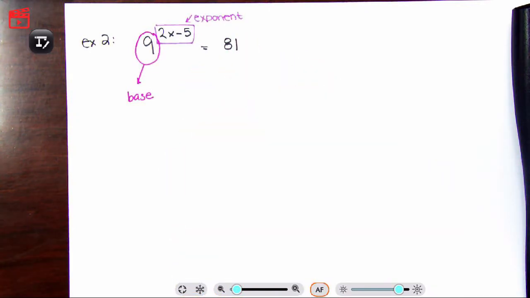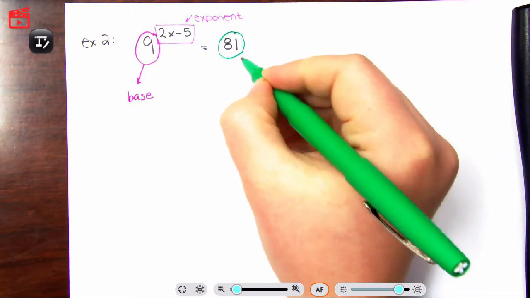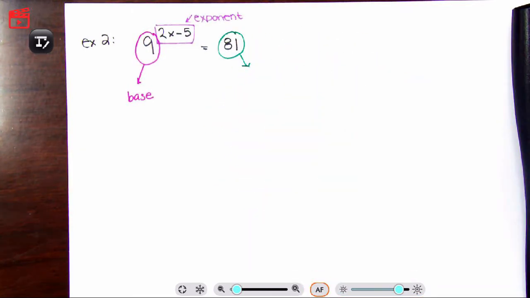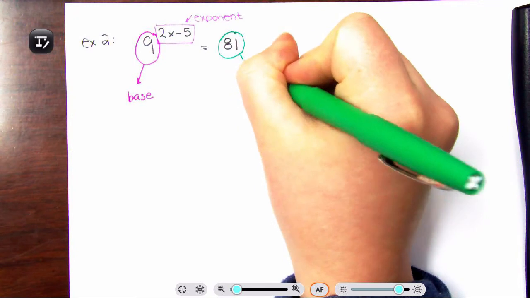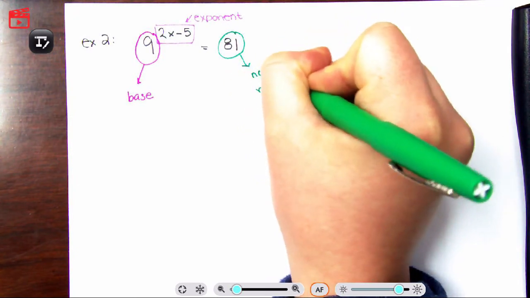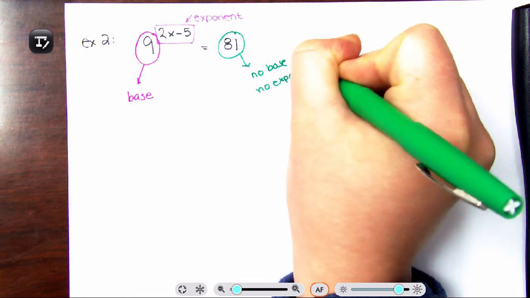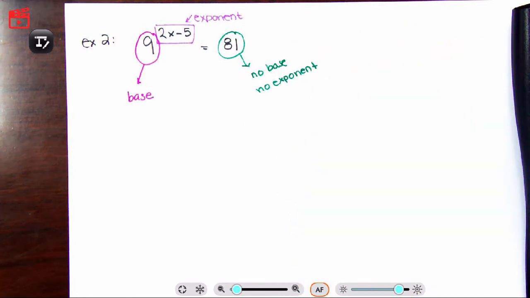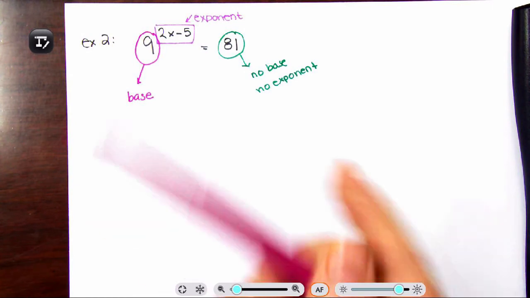Now, if we look at the other side, this 81 has no base and no exponent. So how do we solve something like this? When we have a question like this, we want to be a little bit forceful. We want to force the problem to do what we want it to do.